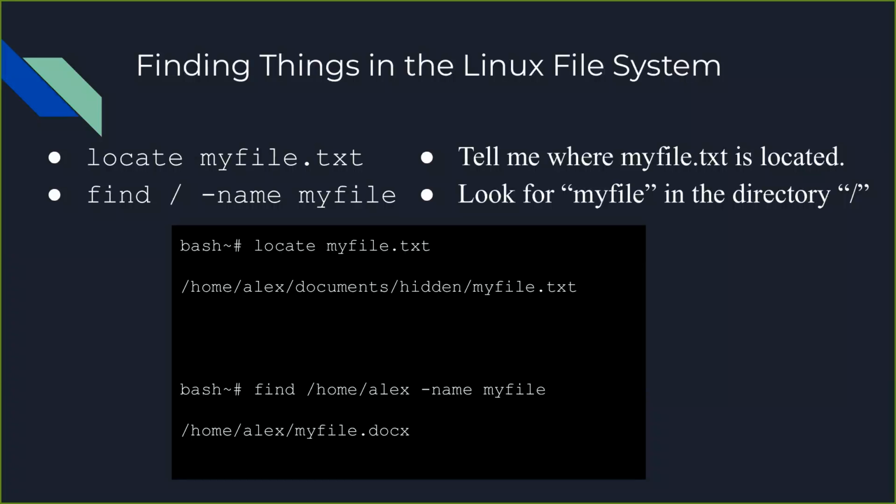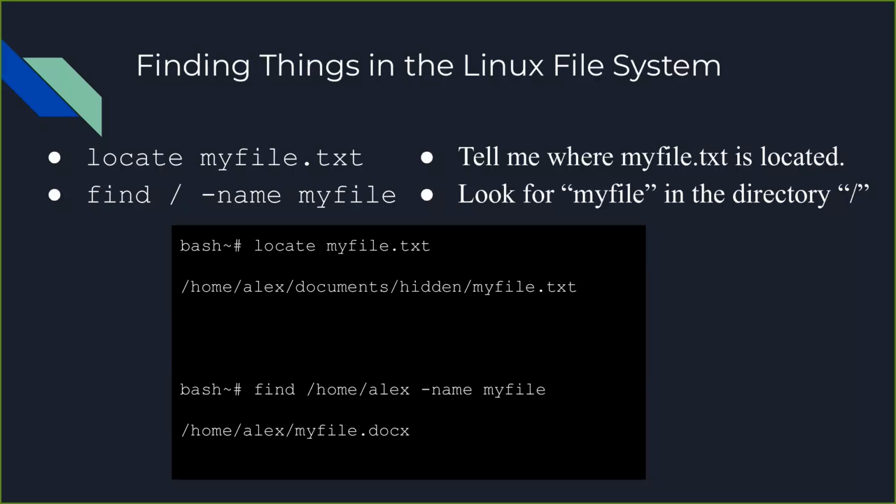And this is really useful because, say for example, I knew for sure that the file was in /home/alex. What I could do instead is type find /home/alex, as I did here, -name myfile. And this would take substantially less time than the locate command.